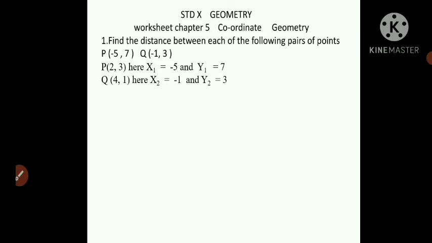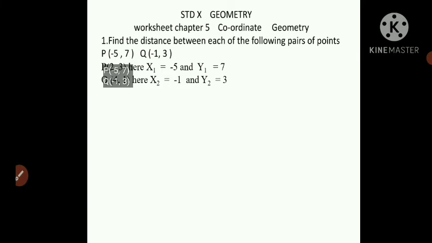There is a correction. P is minus 5, 7. So it will not be 2 and 3, it will be minus 5, 7. And Q is minus 1, 3.